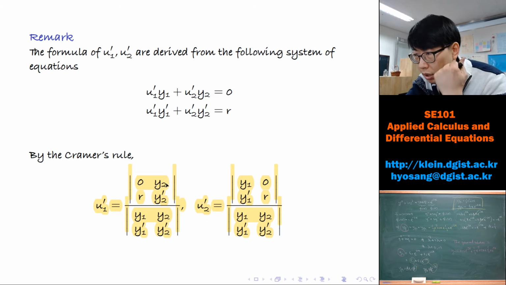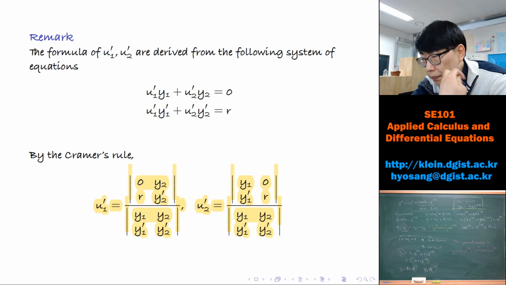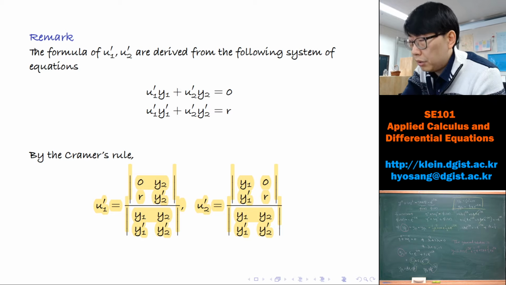The rest of the columns are exactly the same columns from the Wronskian. You see, the numerators for u1 and u2 are simply the determinant of the matrix where the first column and second column, respectively, are replaced by 0 and r. In that way, you can memorize it better.